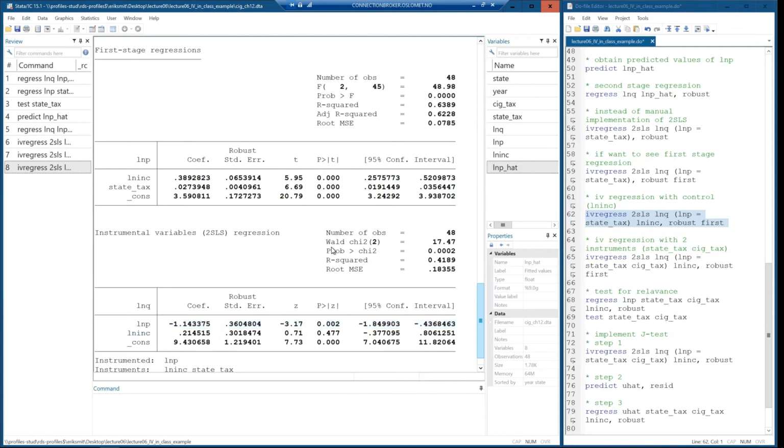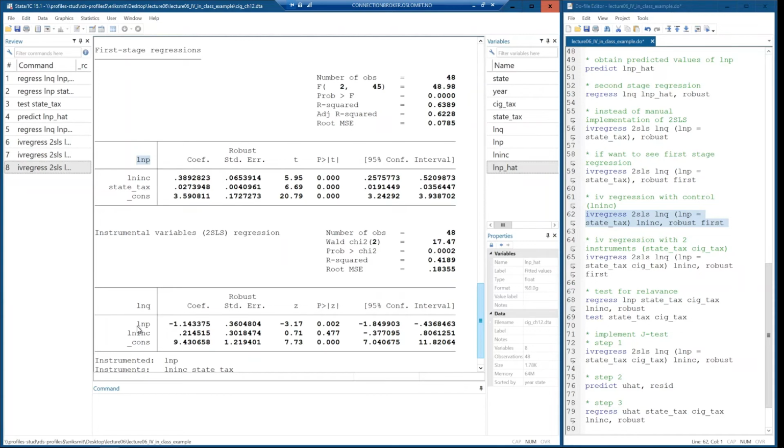So in this case, the p-test shows that, well, this instrument is explaining a significant part of the logarithmic price variable, and so it's useful.